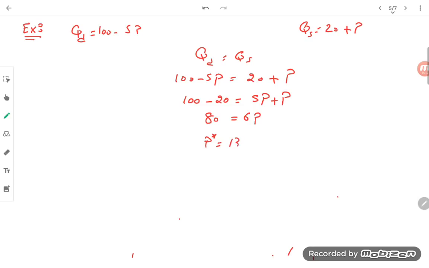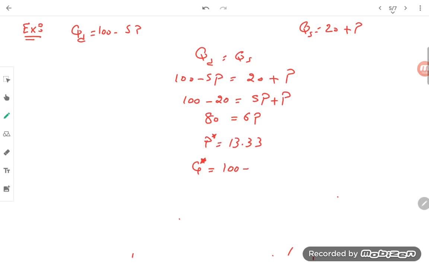It is 13.33. Now, in order to find the equilibrium quantity, we have to substitute in QD or QS. If we substitute in QD, it's 100 minus 5P, where the equilibrium quantity is Q star, or asterisk. Asterisk means equilibrium. Instead of writing equilibrium quantity or equilibrium price, we are going to add the star at the top as a power.